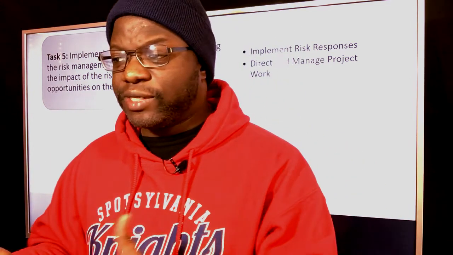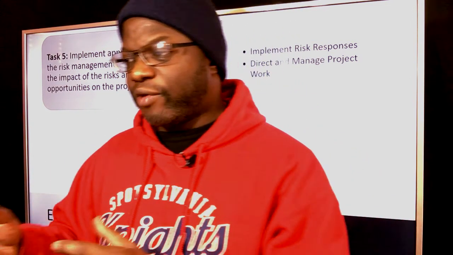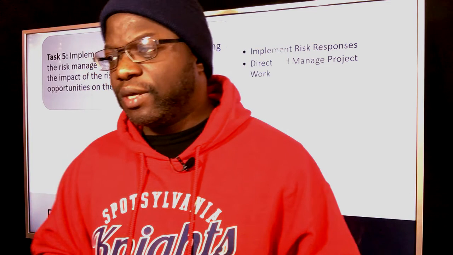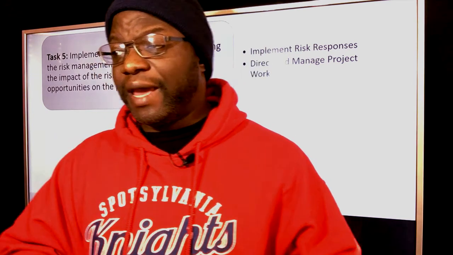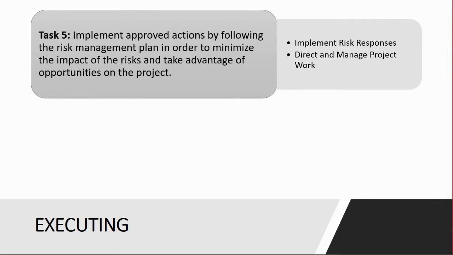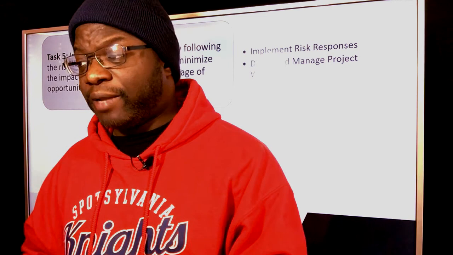So know the definition of positive risk, negative risk, threats, opportunities, and again, the process that we actually implement these approved actions in that impact the deliverable is direct and manage project work. So you implement certain responses in the implement risk responses process in conjunction with the overall directing and managing of the project work.